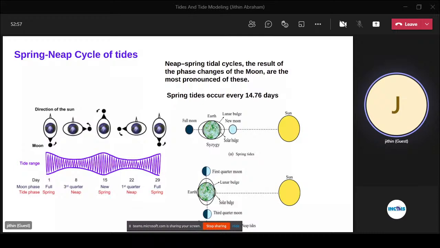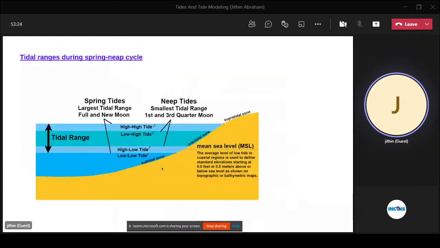The spring-neap cycle occurs every 14.76 days. Similar to the variation in the tidal elevation, there are also changes in the tidal currents. In both the elevation and the tidal currents, you can see this spring-neap cycle.